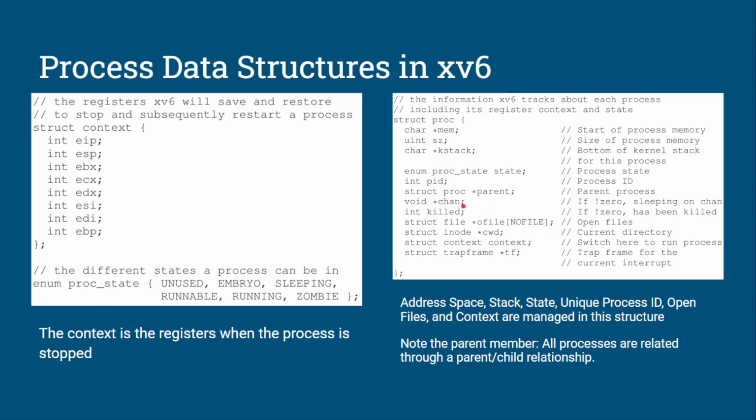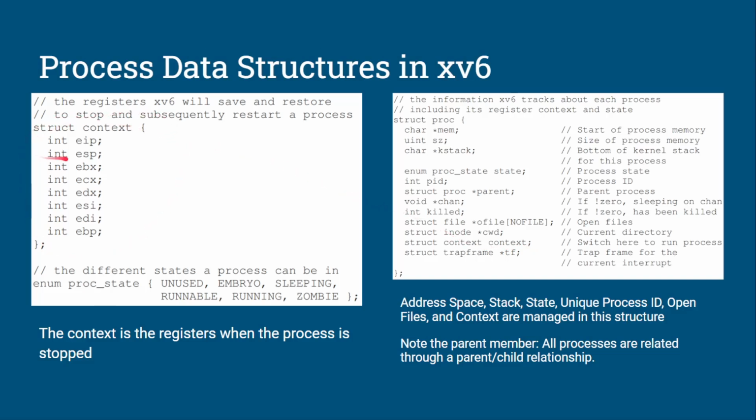These two variables here, the void chan and int killed, are used for identifying various aspects of the process. Here are the open files for the process, as well as a pointer to what the current working directory for a process is. This variable here, named context, is based off of a structure called context, which is shown over here.